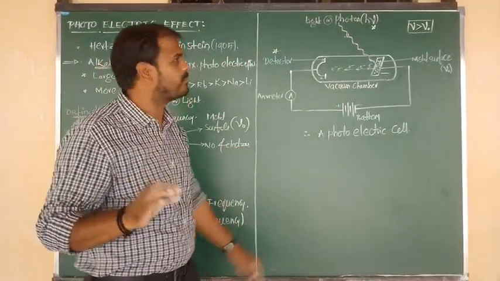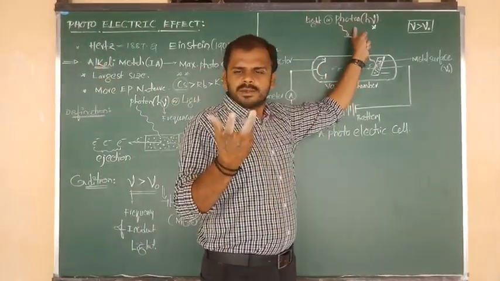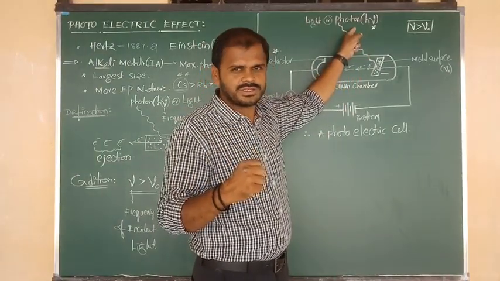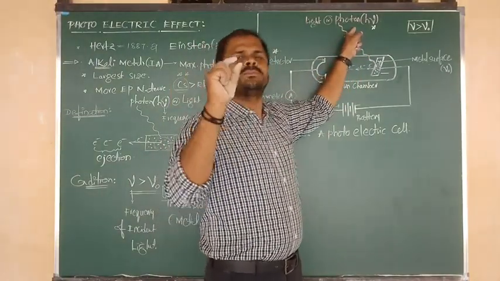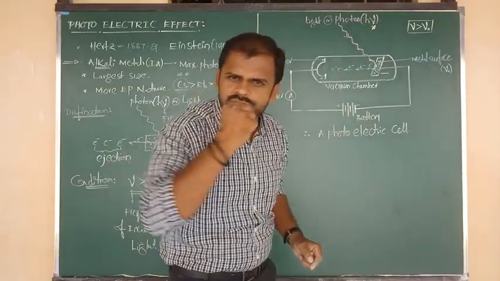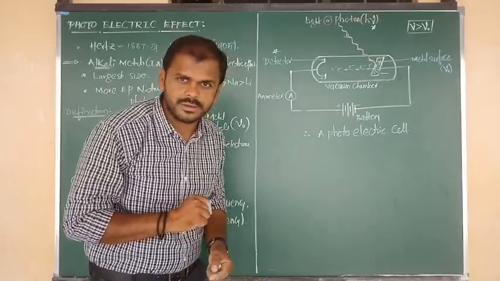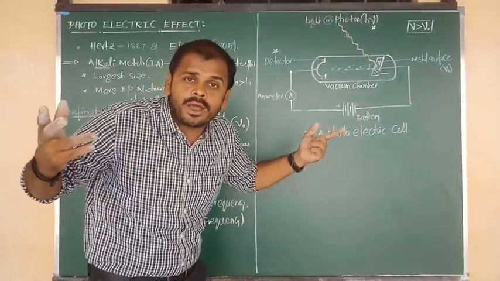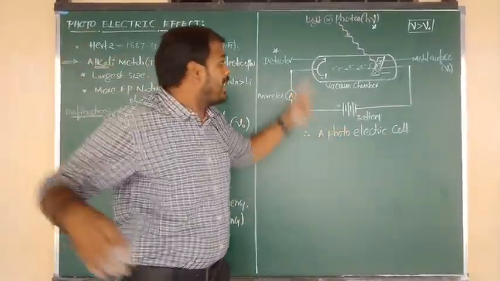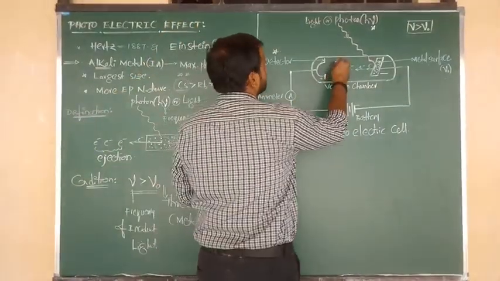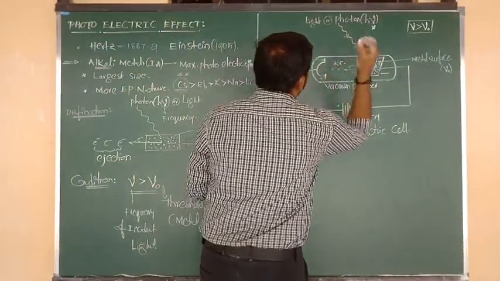So once again, photon is a form of energy, and it may contain 100% of energy. But a part of the photon energy we are utilizing for the removal of electron from the surface of metal, and the remaining energy of the photon will be released along with the electron in the form of kinetic energy.